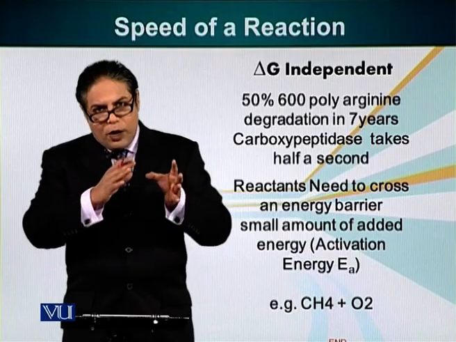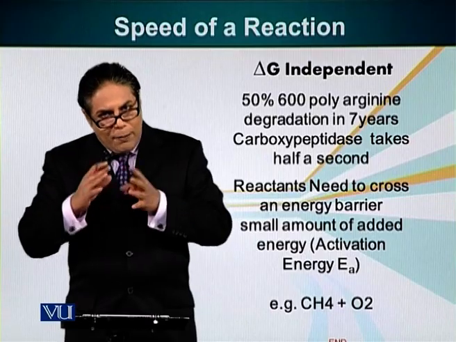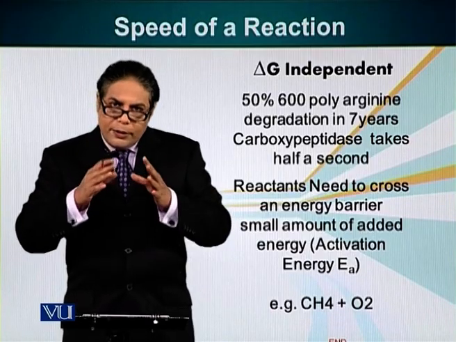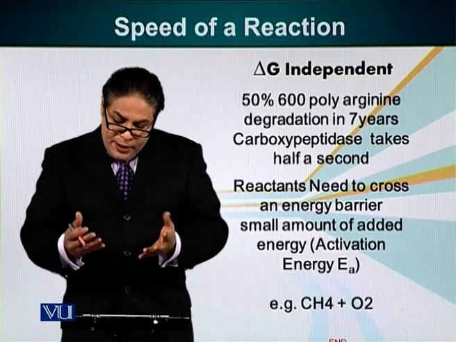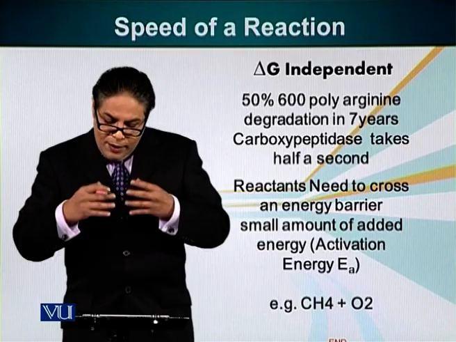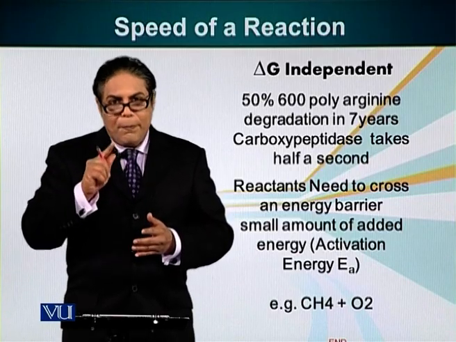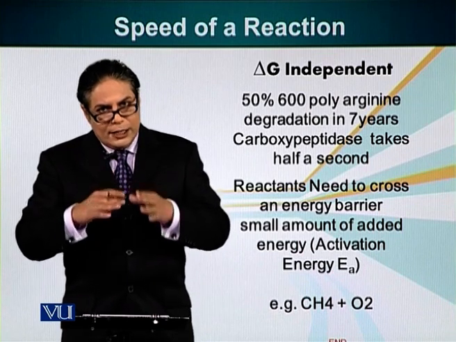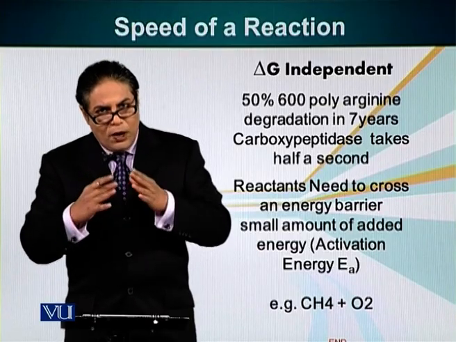Although we are going from order to disorder and the delta G is a negative number, this process is extremely slow. This process, although releasing energy, does not occur very quickly. The speed of the reaction is not dependent upon delta G. The speed of a reaction depends upon a different entity altogether.